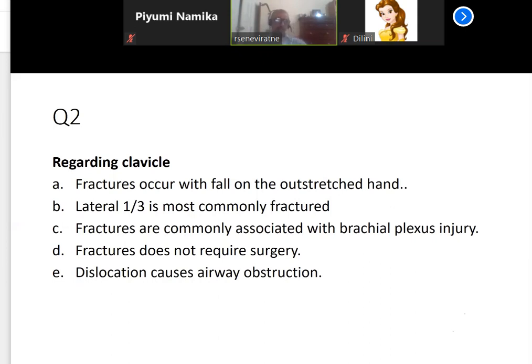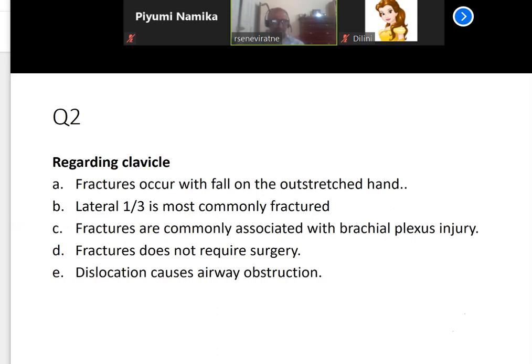Well, this falling on the outstretched hand, this is called FOOSH injury, FOOSH, right? I told you you have to remember these mnemonics also. Commonly used in clinical practice, these mnemonics and the names of certain fractures and dislocations. You understand what they stand for?